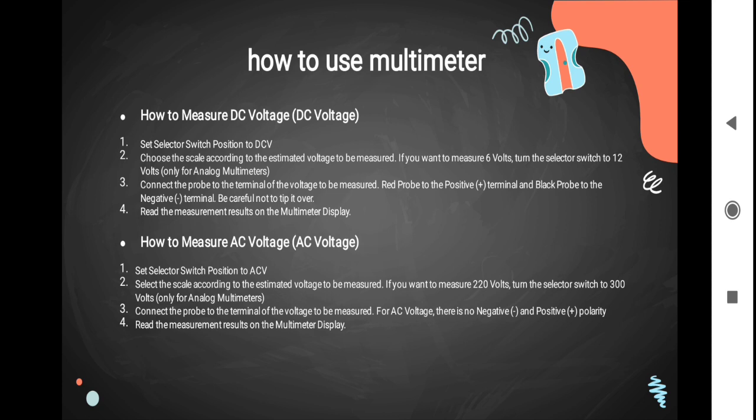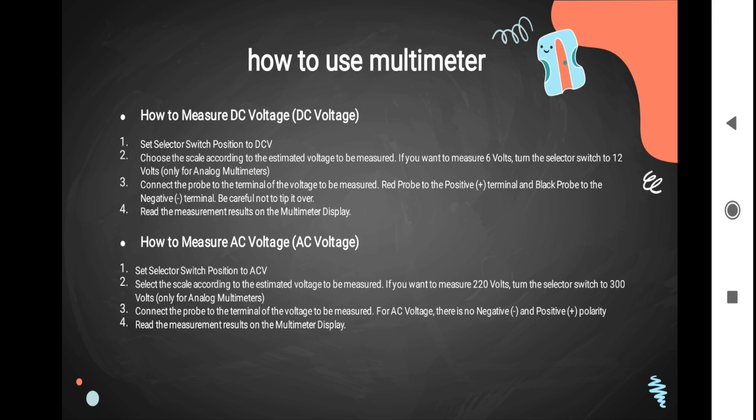How to use a multimeter? How to measure DC voltage? 1. Check that the selector switch position is at DCV. 2. Choose the scale according to the estimated voltage to be measured. If you want to measure 6 volts, turn the selector switch to 12 volts. 3.